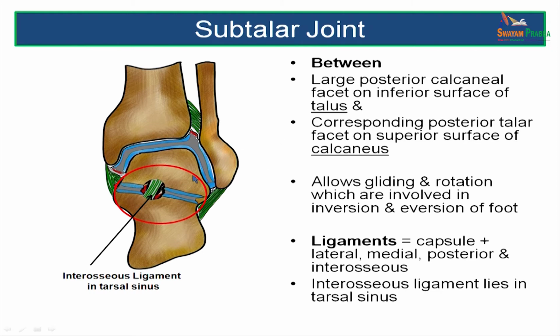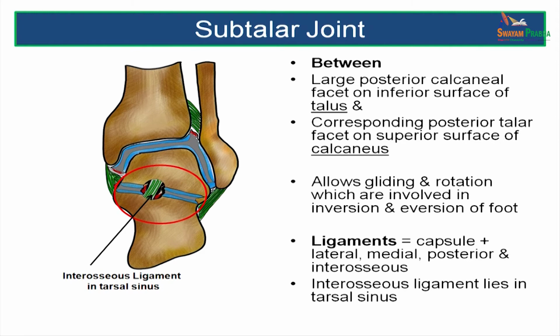The subtalar joint, as we said, is between the large posterior facet of the talus and the large posterior facet of the calcaneus. It encloses a space called the sinus tarsi, and this sinus tarsi has a ligament passing between the two bones called the interosseous ligament.